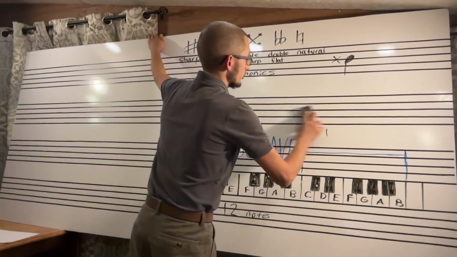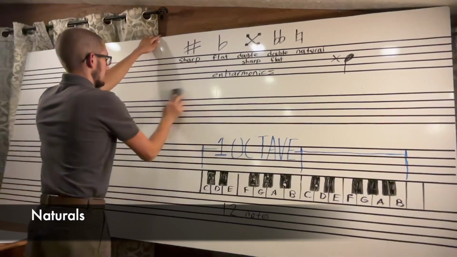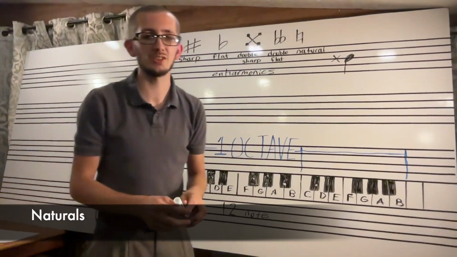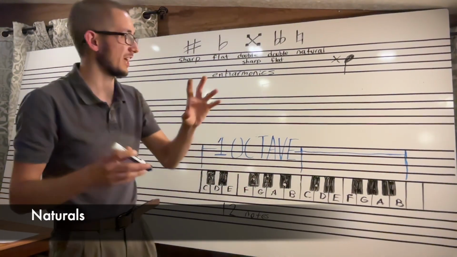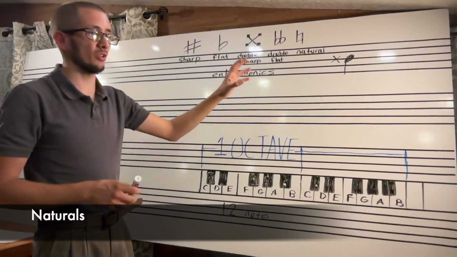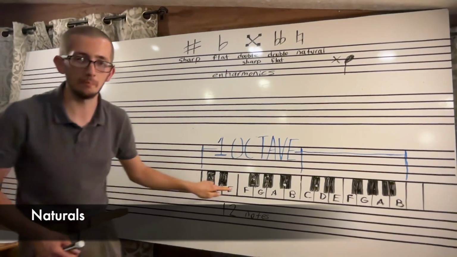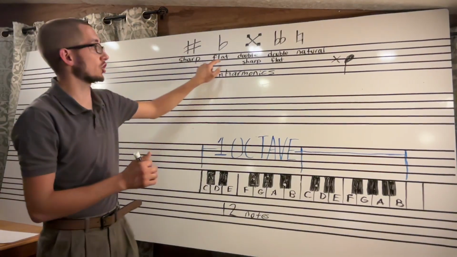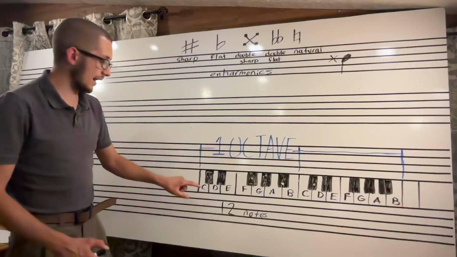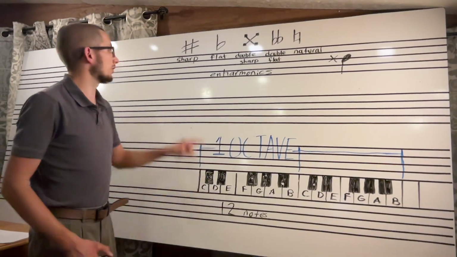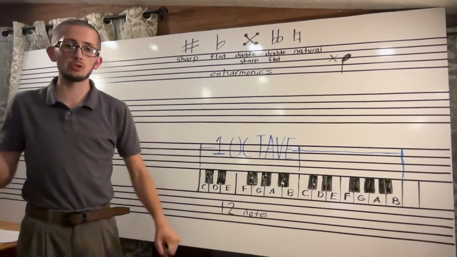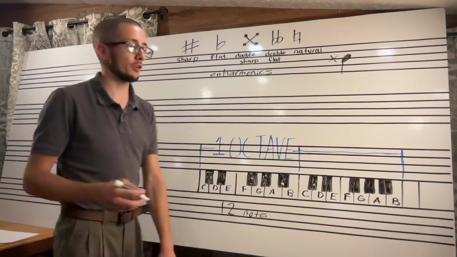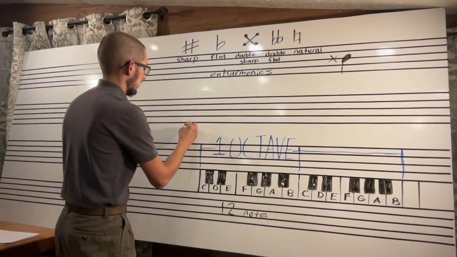Now what about natural? I've actually been forcing myself not to say natural because we haven't talked about it yet. Natural is just referring to the white keys on the piano without one of these sharps or flats next to it. So if we have the note C with no sharps or flats written next to it, it is also referred to as a C natural.